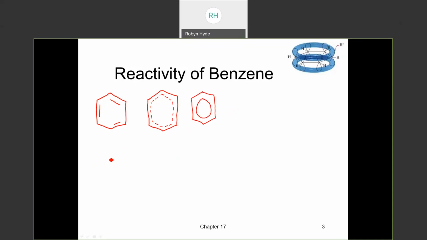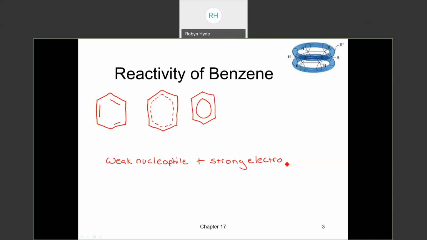What that means is that benzene, in the first reaction that we're going to study, is acting as a nucleophile. If we have benzene as a weak nucleophile, then we have got to pair it with a very strong electrophile in order to do any kind of chemistry at all.